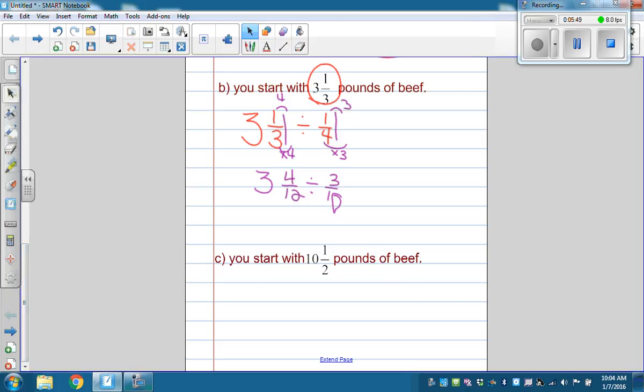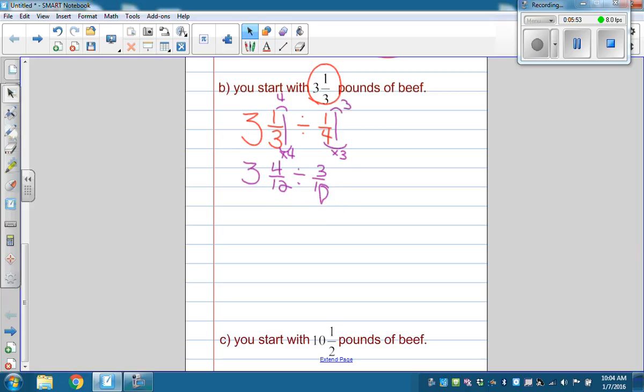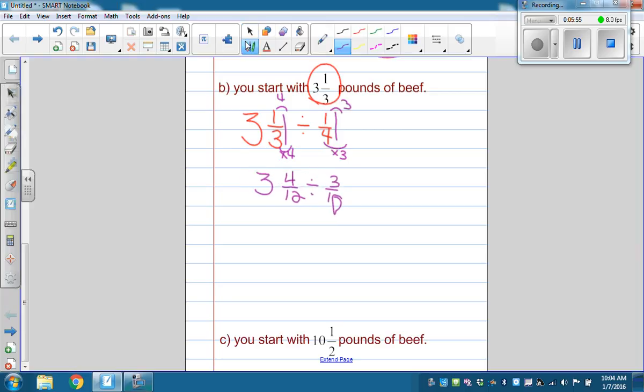Keep going. Then you have to turn 3 and 4/12 into an improper fraction. So that's 36 plus 4, 40/12 divided by 3/12. So that's 40 over 3.